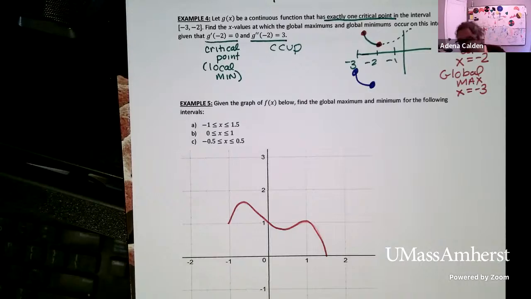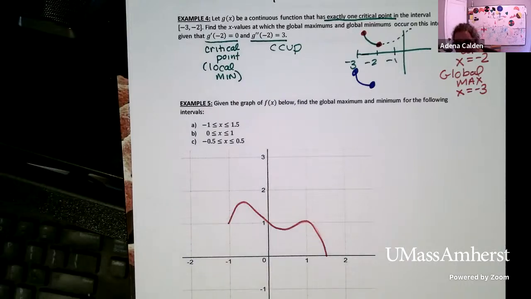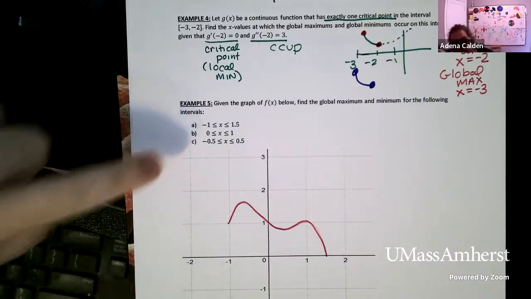So for part A, we have -1 to 1.5, so that's the entire interval. We're looking for the global max and the global min, which again are the y values. For part B, we're only considering what's happening between 0 and 1. So we have to shrink that interval. And for part C, we're looking between -0.5 and 0.5. So we're looking at different parts of the function for each of the different scenarios.